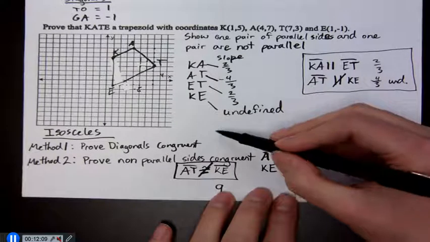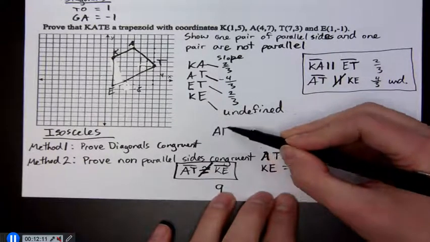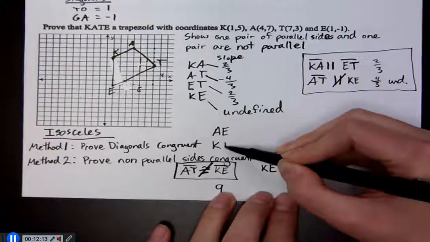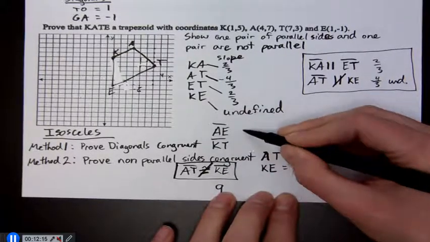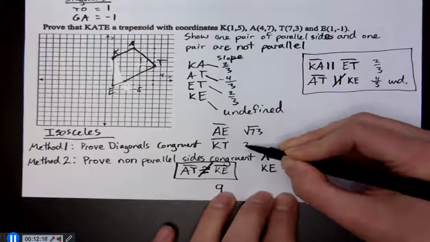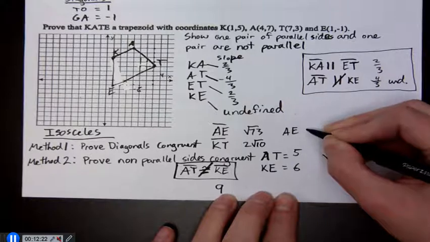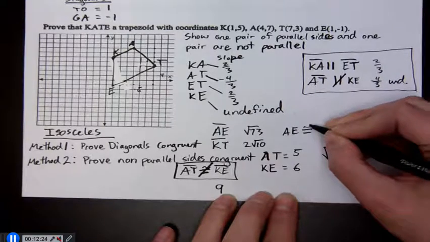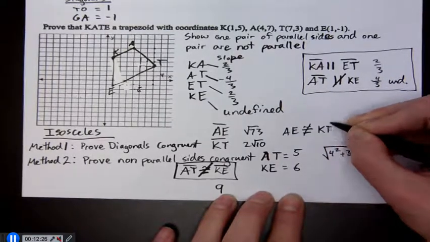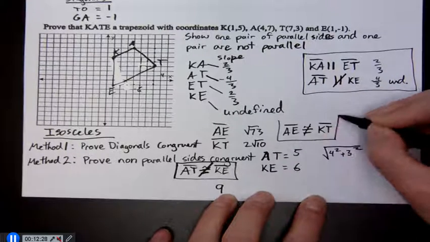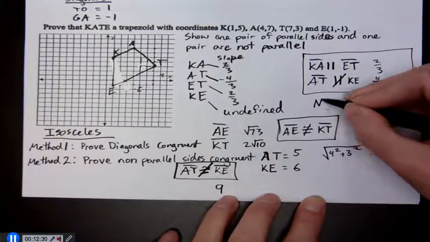All right, diagonals, to save time, I'm going to tell you diagonal lengths come out to root 73 and root 10. So AE is not congruent to KT. So it's not isosceles.